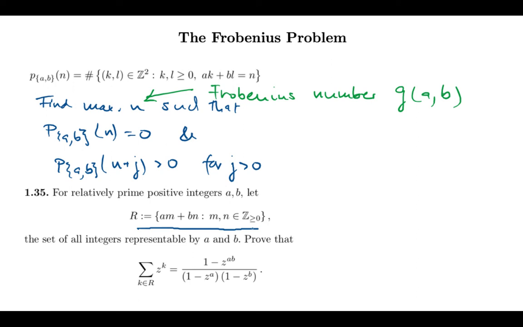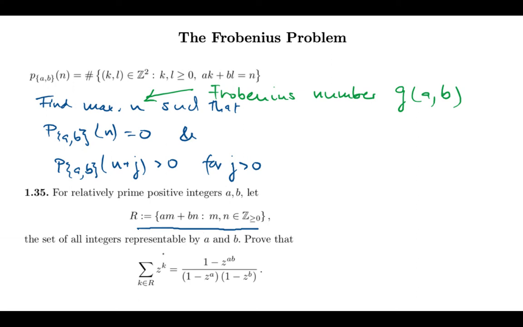And now I'm not computing a generating function that keeps track of how many ways there are to write an integer in terms of the restricted partition function, but I'm just keeping track of whether or not an integer is in this set or not.